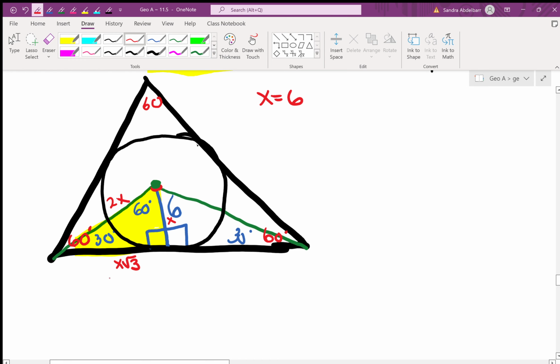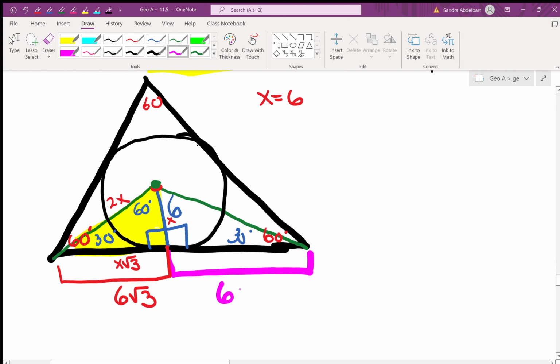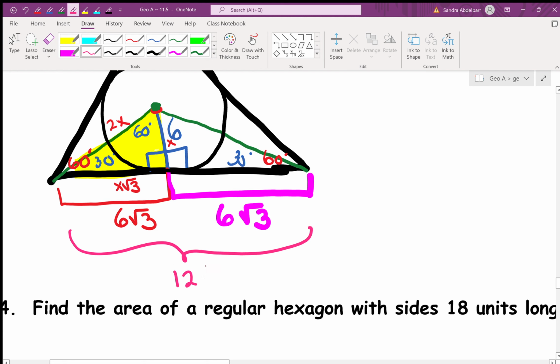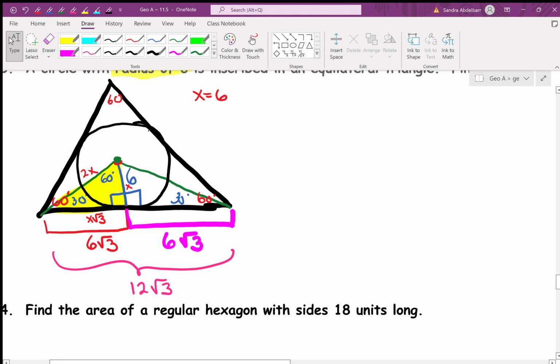So this x root 3 has to be 6 root 3. Do we agree that this side is also going to be 6 root 3? So what's the total length going to be of one side? 12 root 3. Well, since this is an equilateral triangle, what does that mean for all the other sides? They're all 12 root 3.